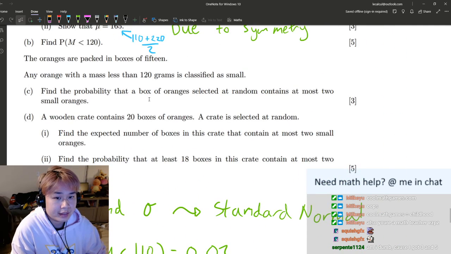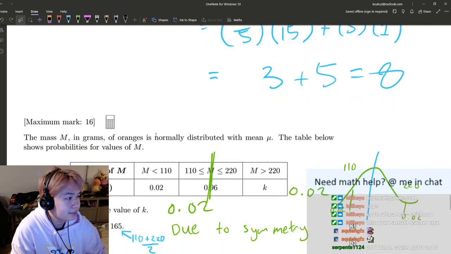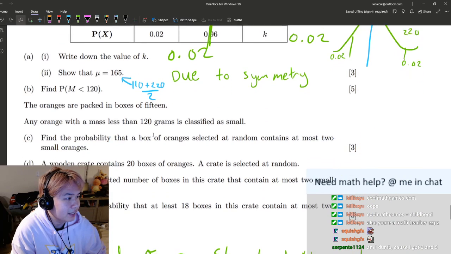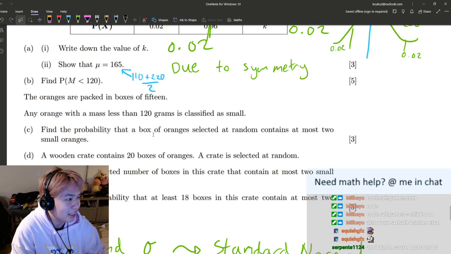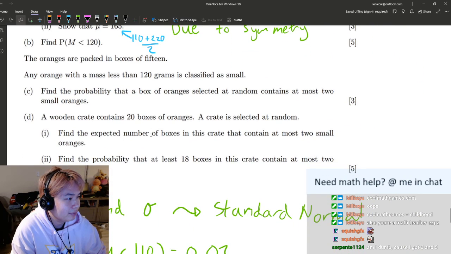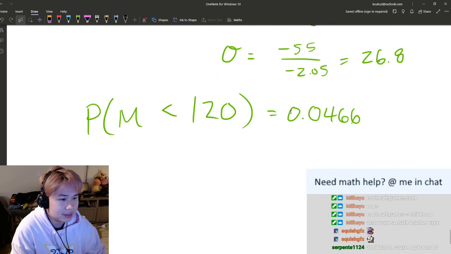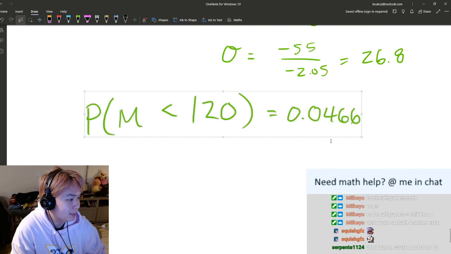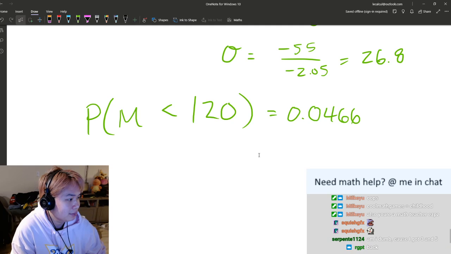Okay, so find the probability that a box of oranges selected at random has at most 2 small oranges. Wait, how many oranges are in the box? I guess it doesn't matter. Okay, so this is the probability of being small for 1 orange.